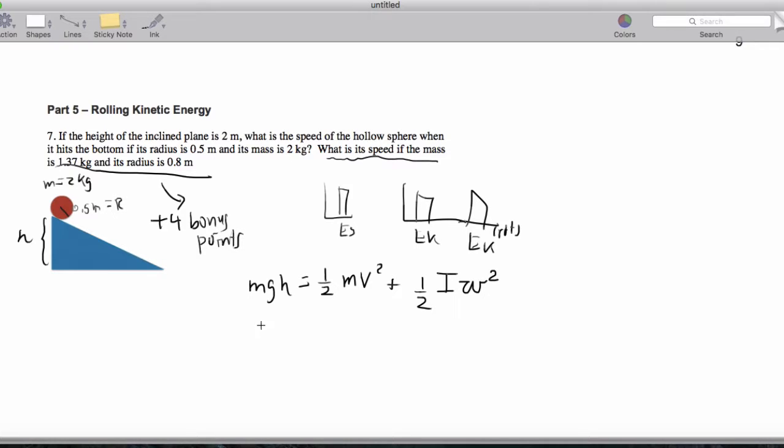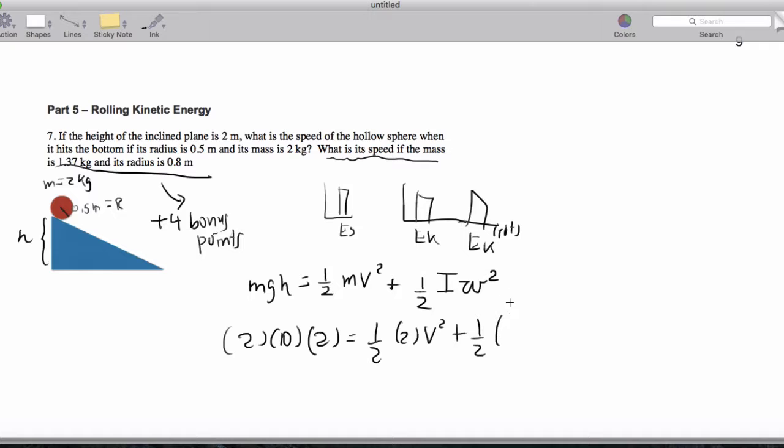So we have 2 times 10 times our height, which is 2 for this first part, equals 1/2 times 2 times v squared plus 1/2.